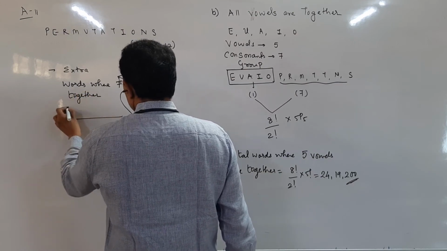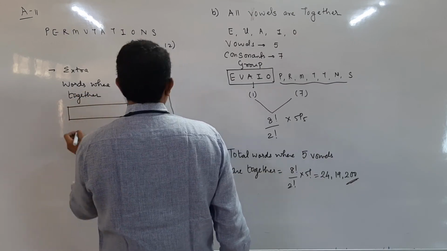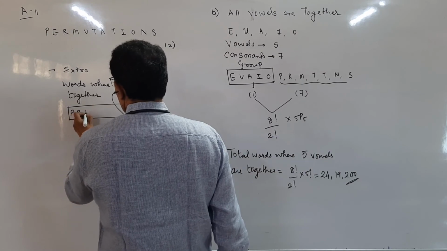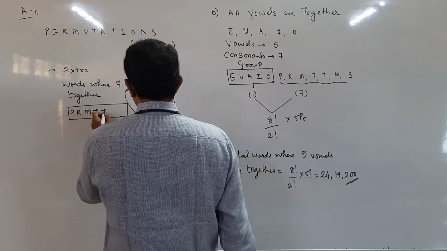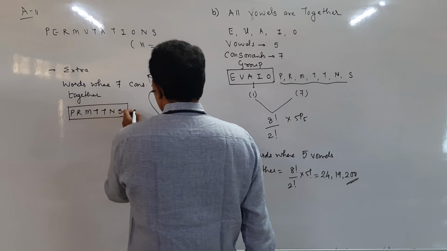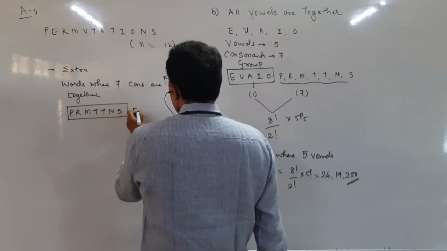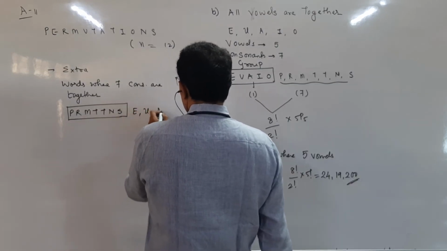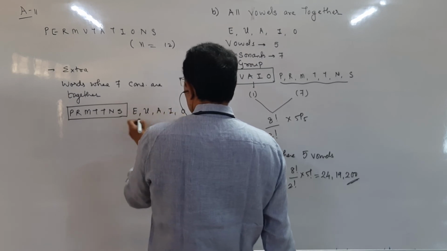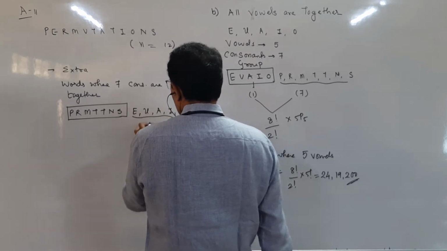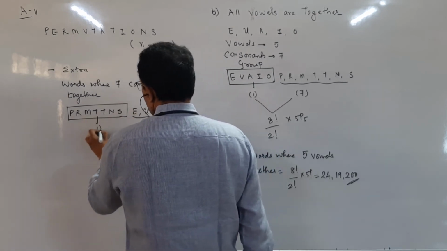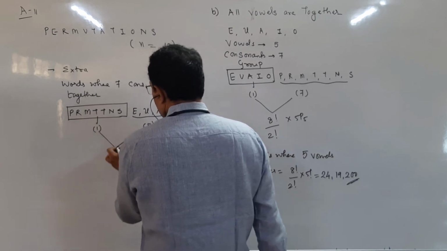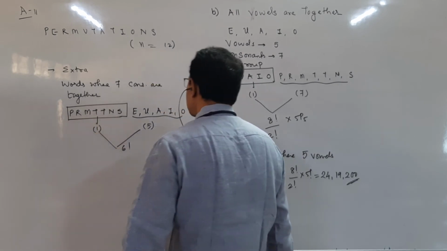Then I group all 7 consonants in the box: P, R, N, T, T, N, S, and then E, U, A, I, O. So these are 5. Consider this as only 1. 5 plus 1, 6 letters can be arranged in 6 factorial ways.